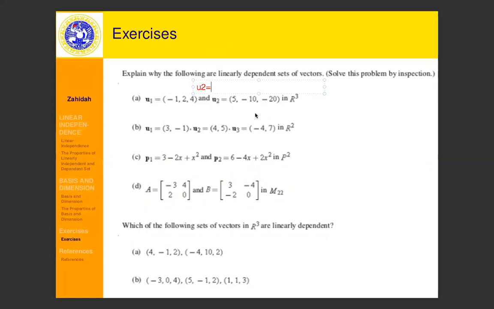Or can you determine U2 as a linear combination? -5 U1. -5. Okay, that's right. That's why this set U1, U2 is linearly dependent.